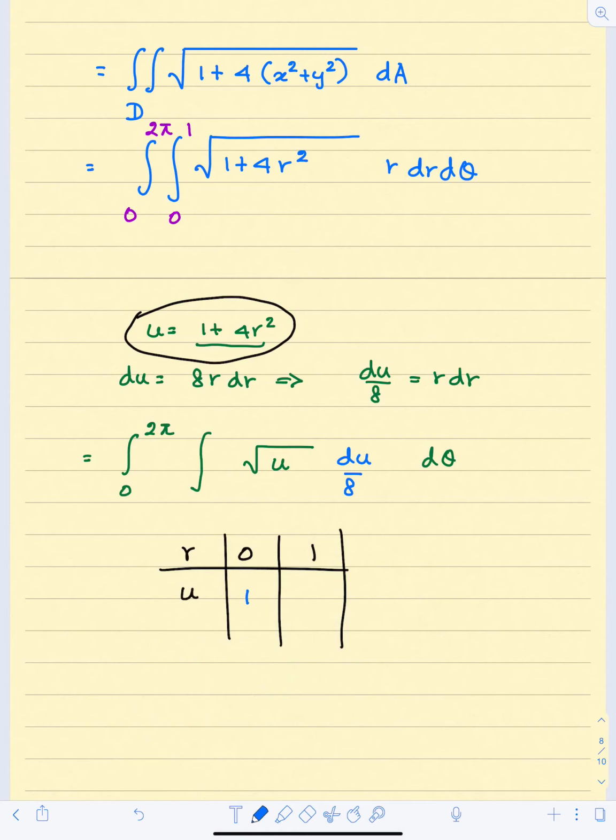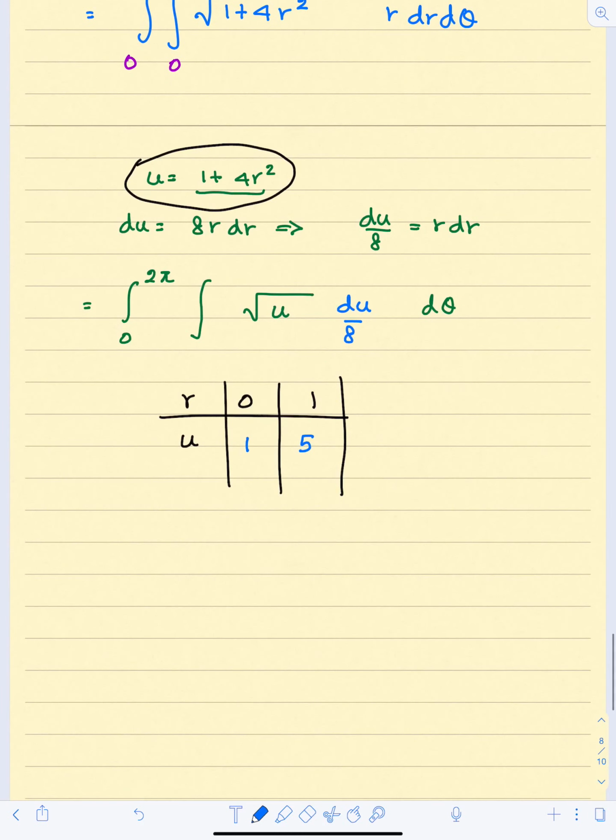If r equals 1, u should be 5. So the lower limit of the inner integral should be 1, and the upper limit should be 5.